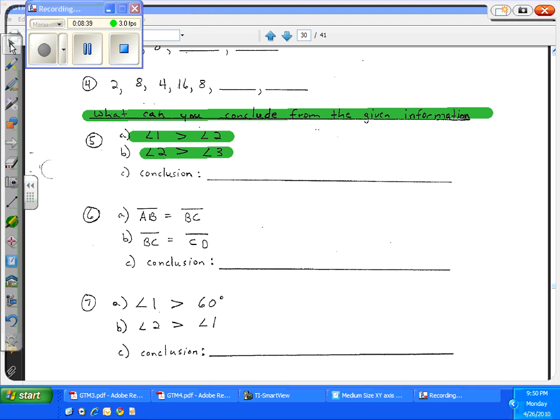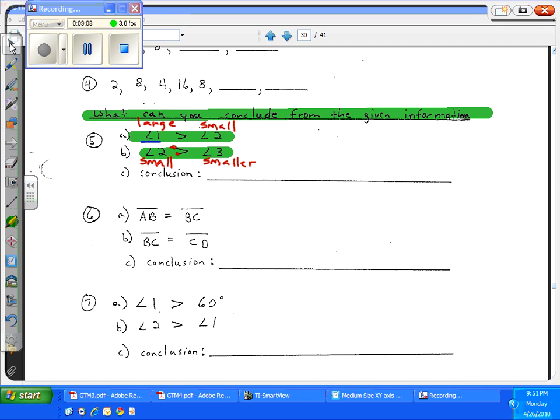Now, we could logically say it like this. If angle 1 is bigger than angle 2, then we could say that angle 1 is large and angle 2 is small. Now, that means angle 2 is still small, but angle 2 is bigger than angle 3, so angle 3 must be smaller or smallest.